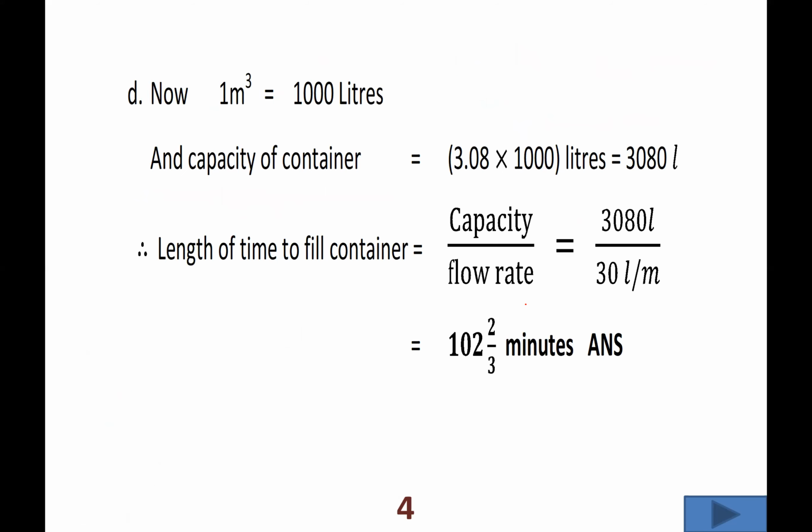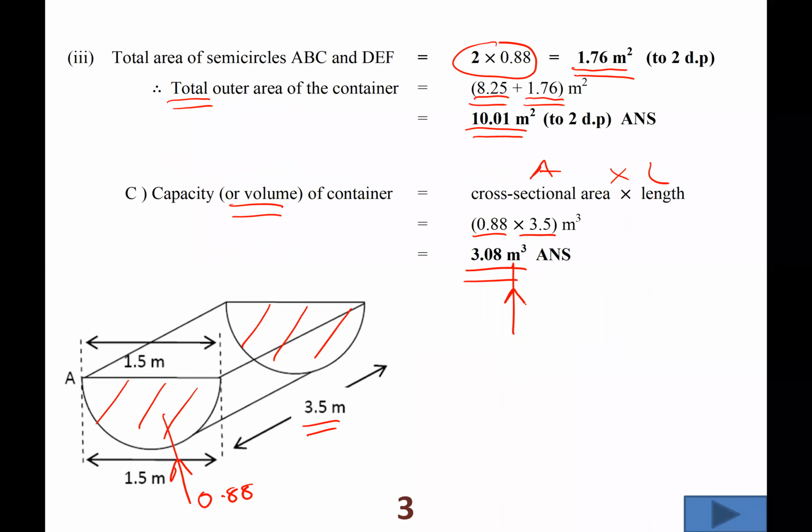Right? The last part of the question said that water is poured into the container at the rate of 30 liters per minute. Calculate the length of time in minutes it would take to just fill the container. So we have the capacity already of this container. It's 3.08 meter cube, right?